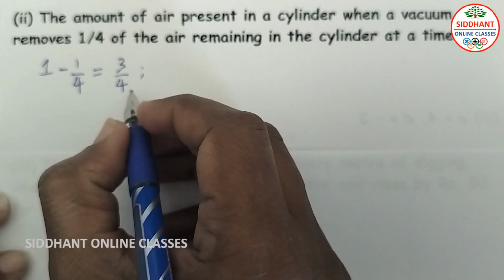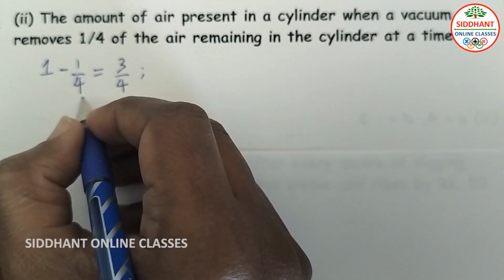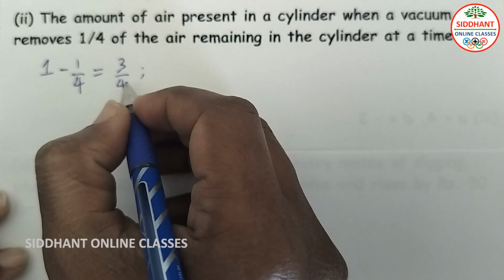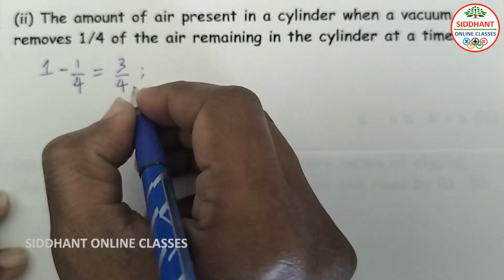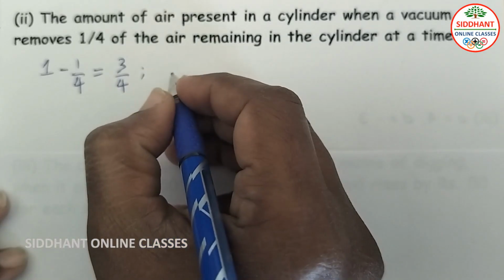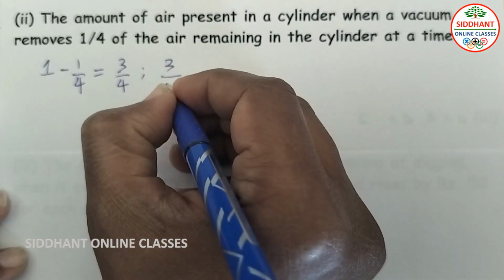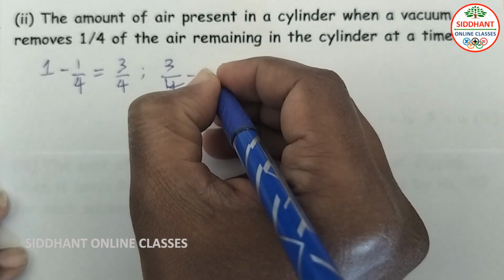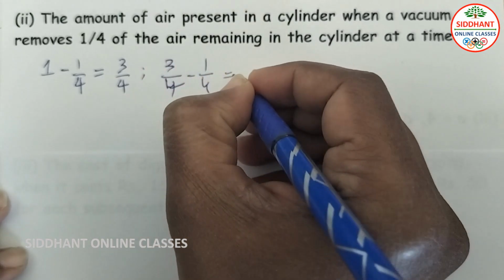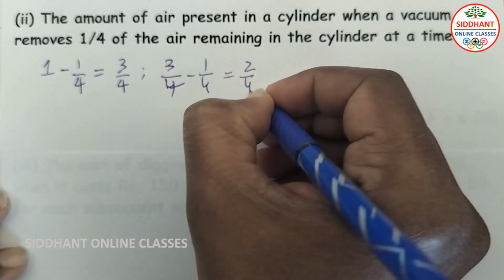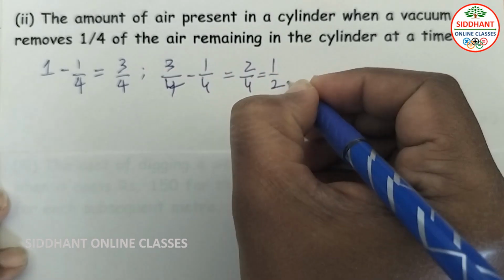So first when you remove 1/4, we get 3/4. Again from this, when you remove 1/4, we have 3/4 minus 1/4, so that will be 2/4, which is equal to 1/2.